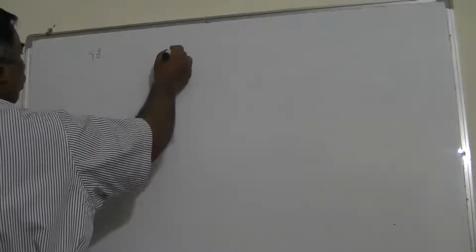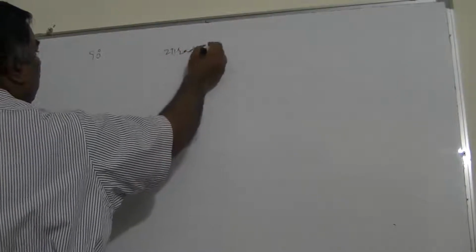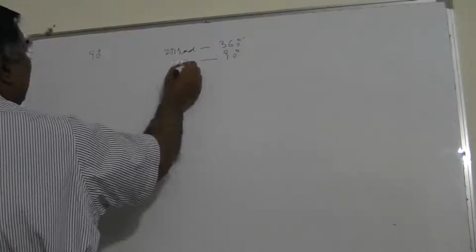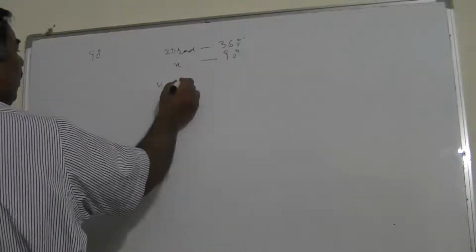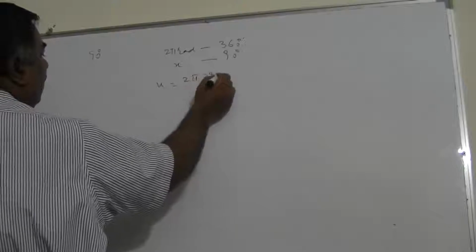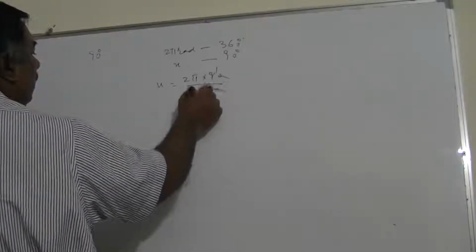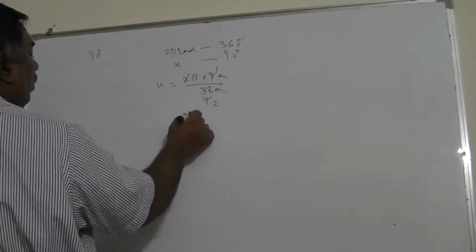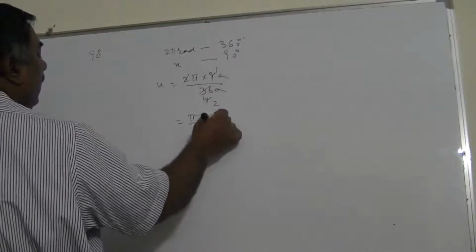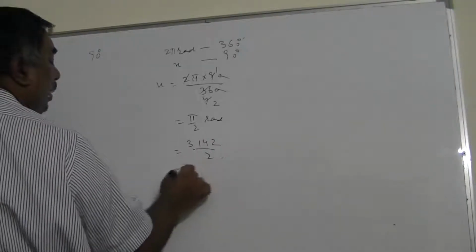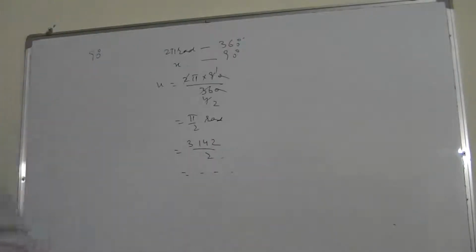I will say 2 pi radians is 360 degrees, so 90 degrees will be x radians. So x will be equal to 2 pi into 90 upon 360. This is pi over 2 radians. And if pi's value is given as 3.142 divided by 2, whatever value comes, that is the radians.